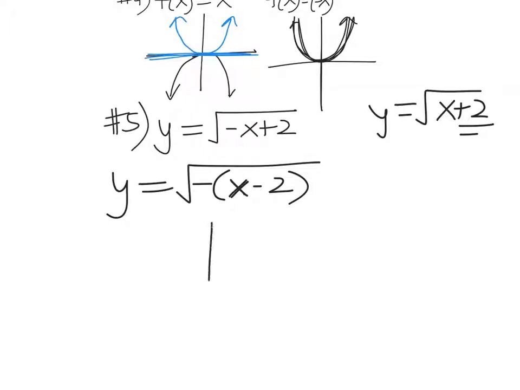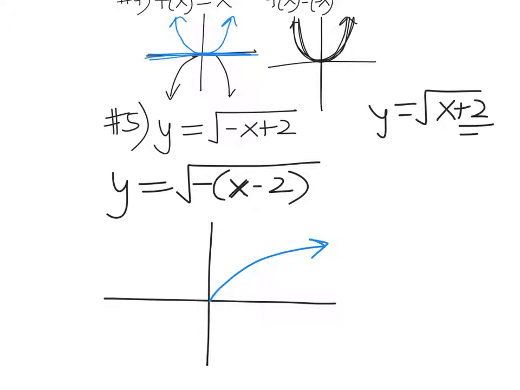All right, so for this one, we start with our parent function. And we're going to shift 2 to the right and reflect over the y-axis. Okay? So here's the way you have to do this.